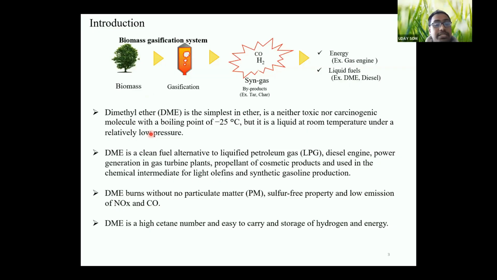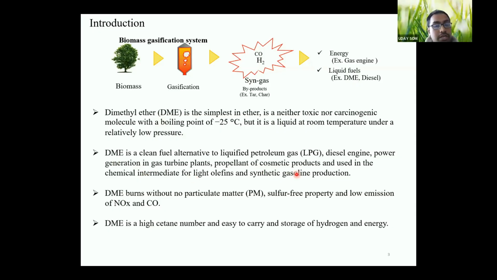Dimethyl ether is the simplest ether and is neither toxic nor carcinogenic. It is also a liquid at room temperature under relatively low pressure. It is a clean fuel alternative to liquefied petroleum gas (LPG), used in diesel engines, power generation, and gas turbines, and as a propellant in cosmetic products.